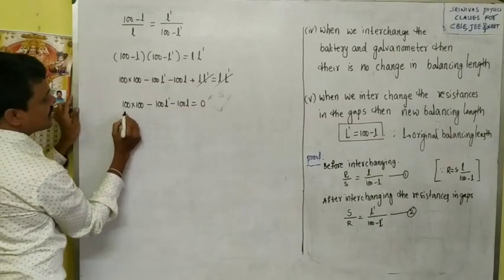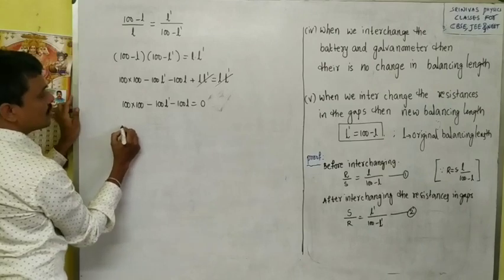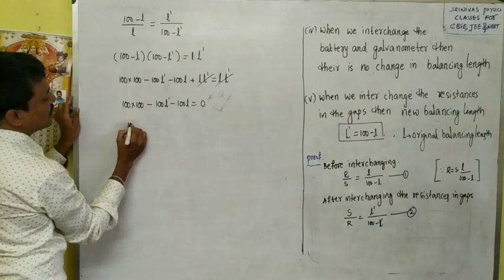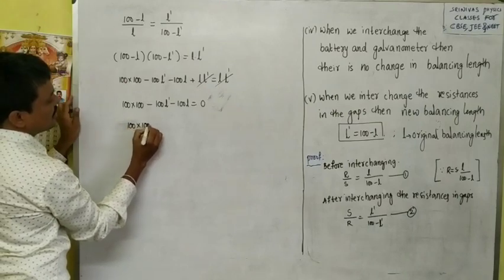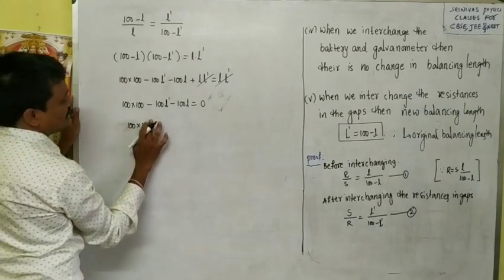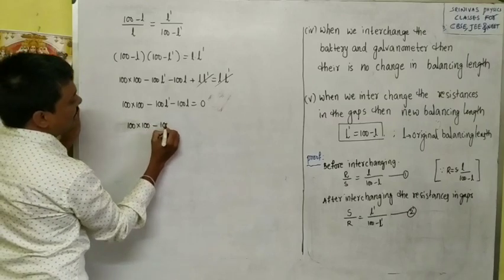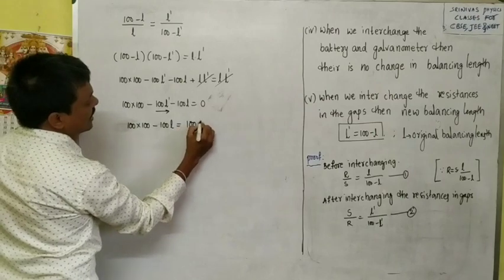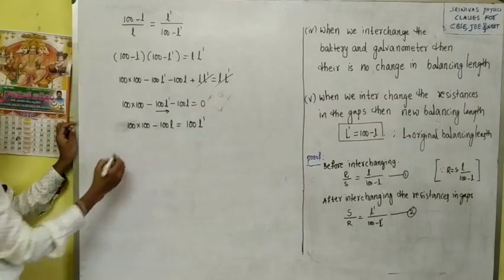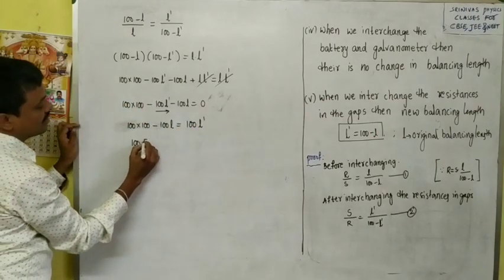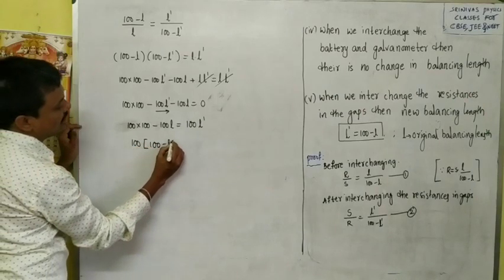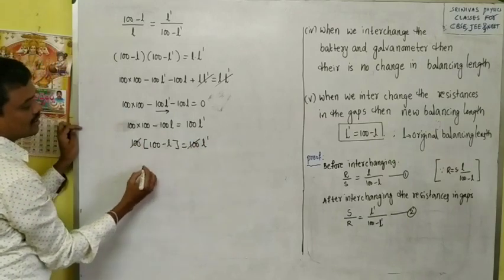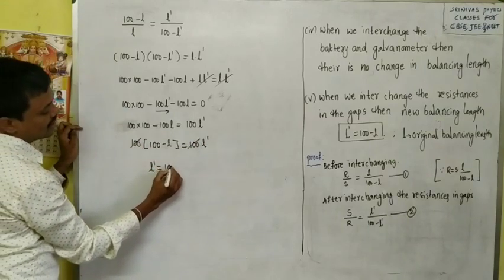Otherwise we can do it like this: 100 into 100 minus 100 L is equal to 100 L dash, which we want to determine. We can take this term to the right side. Then 100 is common here. We will get 100 minus L is equal to 100 L dash. This will cancel.